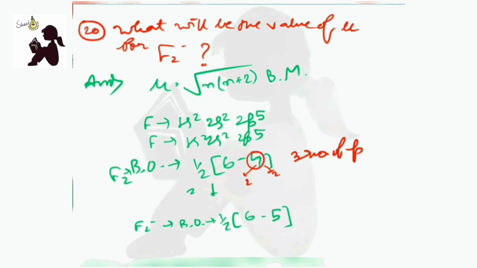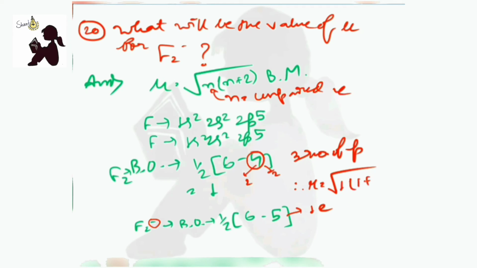But in this case 1 electron is in excess because of the minus 1 charge. Okay, so it will be its mu. n is the number of unpaired electrons. So it will be root over 1 into 1 plus 2 Bohr magneton, that is root 3 Bohr magneton.